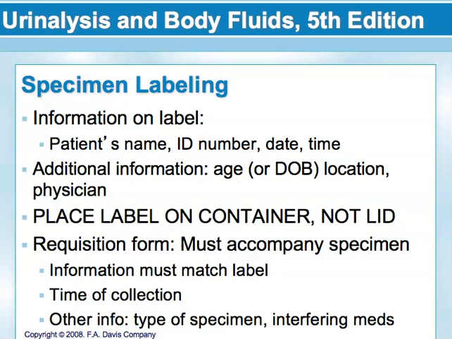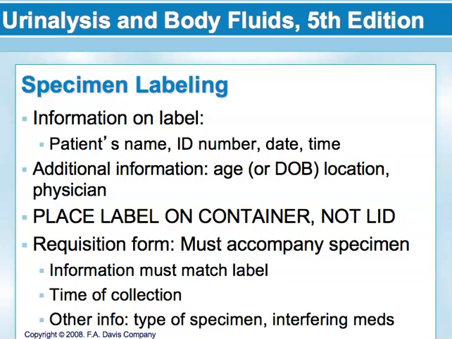Okay, the requisition form, which is the form that has the tests to be performed indicated on the piece of paper, must accompany the specimen. The information on the requisition has to match the information on the sample. So if the patient's name as it's written out on the form does not match the patient's name on the sample, or the date of birth doesn't match, or the social security number doesn't match, anything like that, all of those are causes for rejection if the information does not match.